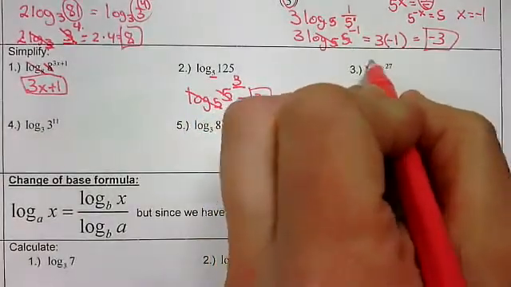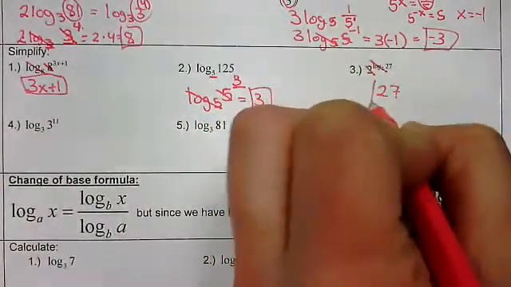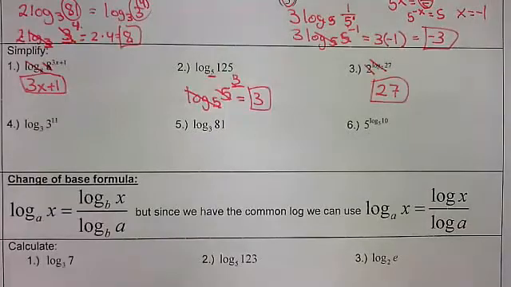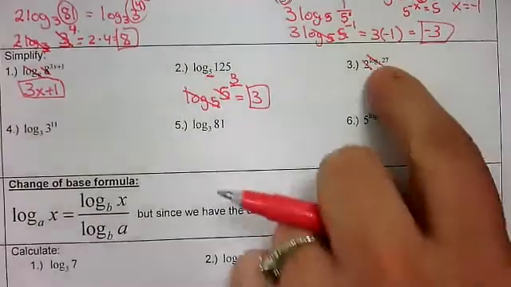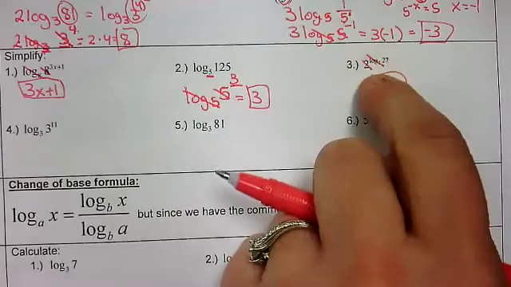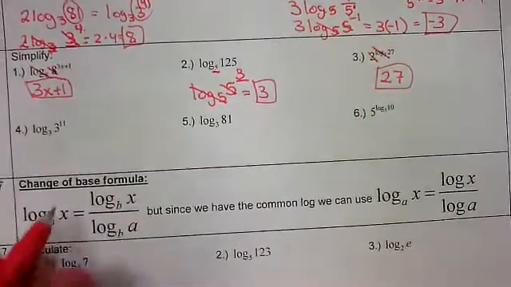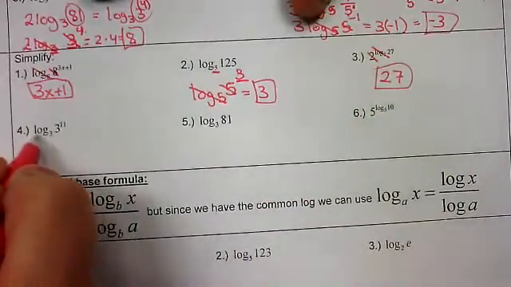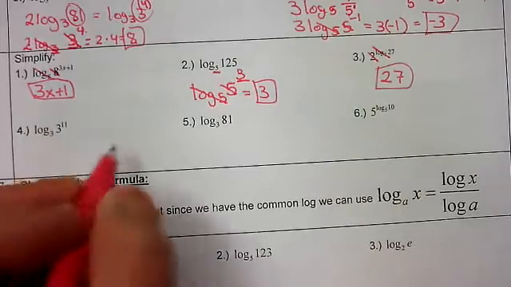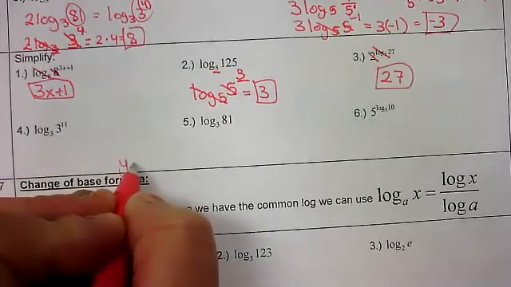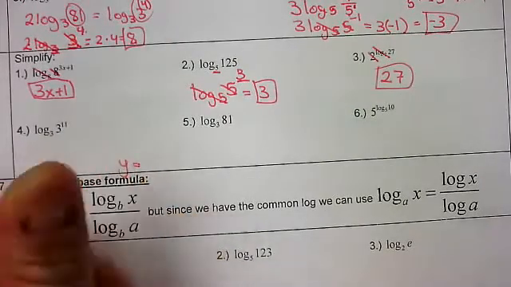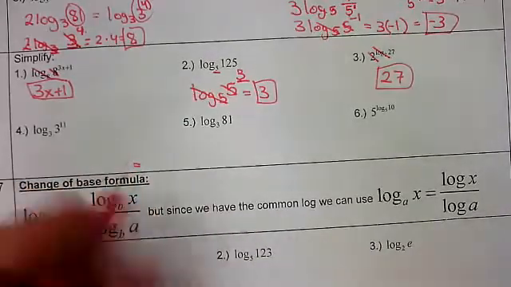This one right here, the 2 and the log 2 just cancel. So remember, logs and exponents are opposite. Okay. So remember, in our equation where we write y equals, let's see, x.